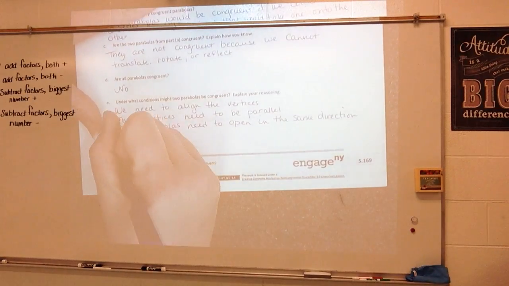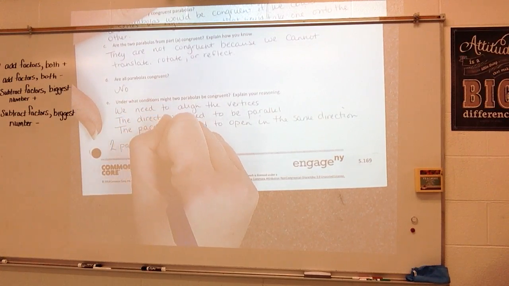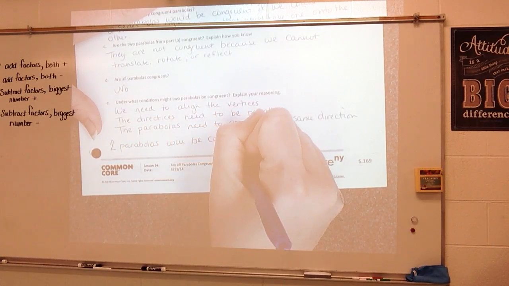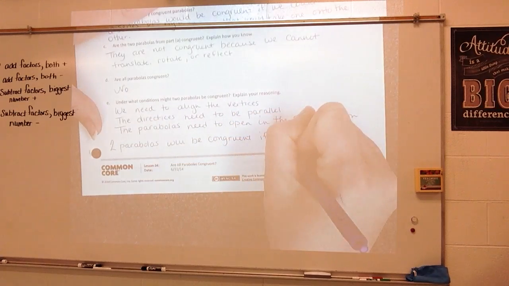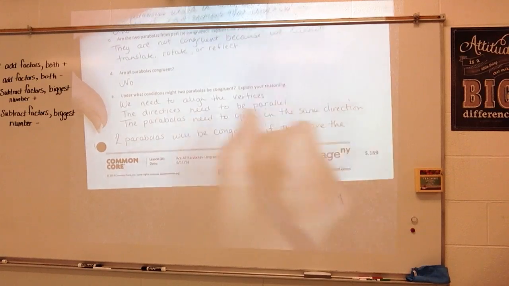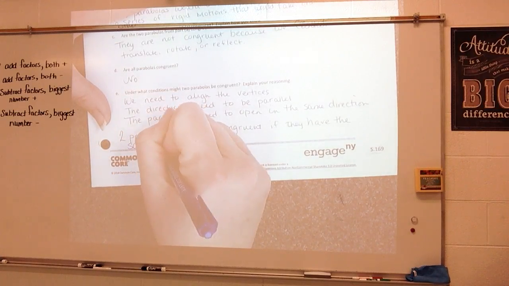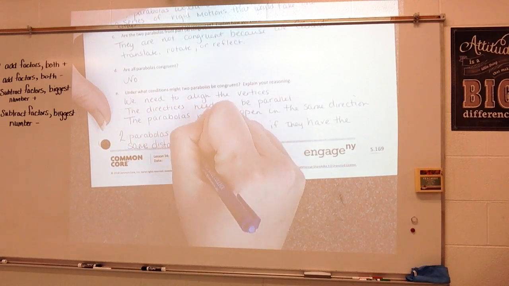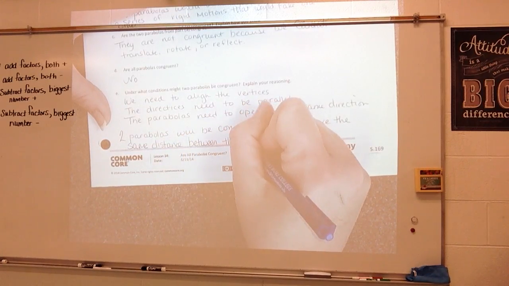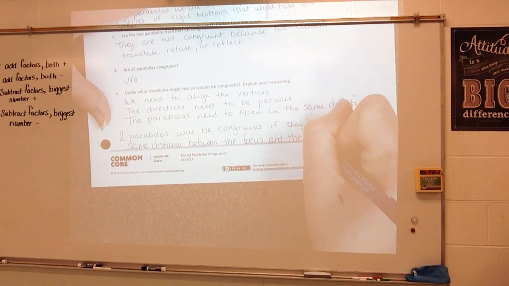Two parabolas will be congruent if they have the same distance between the focus and the directrix.